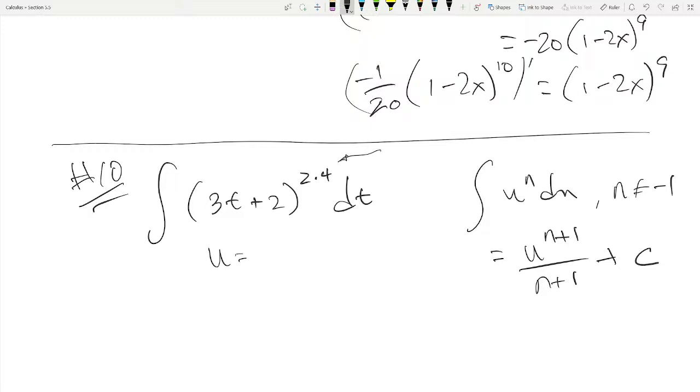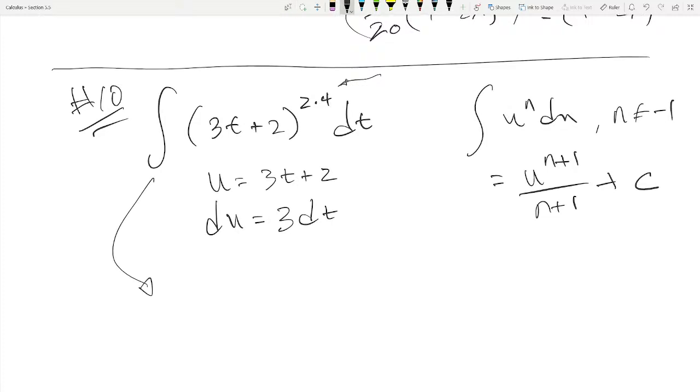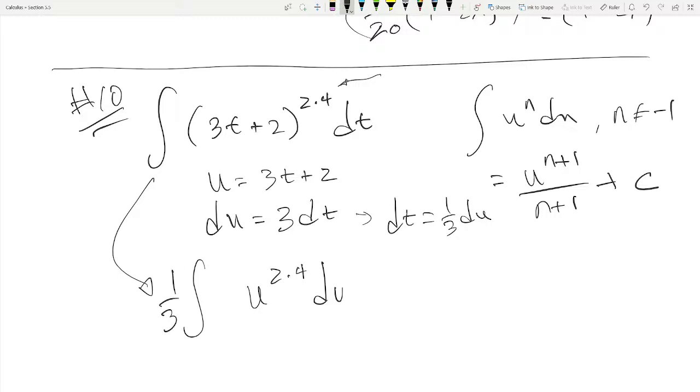So we'll let u equal 3t + 2. du is 3 dt. Let's account for everything we see in this integral. Okay, I've got u^2.4. Now I have to see what dt is. dt is equal to 1/3 du. Let's put that in, 1/3 du.